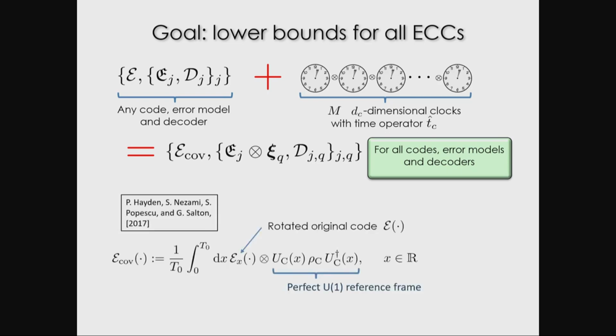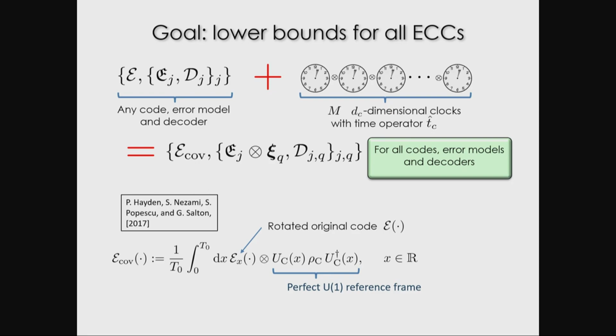Okay, so we took our inspiration from a paper from 2017 from Patrick Hayden, Sepehr, and co-authors, where they pointed out that you can use reference frame alignment to construct covariant error-correcting codes.